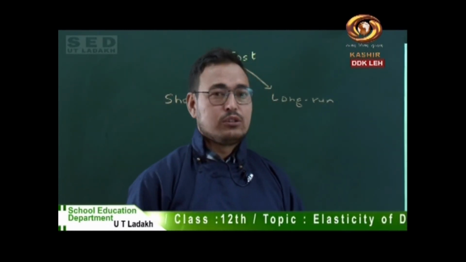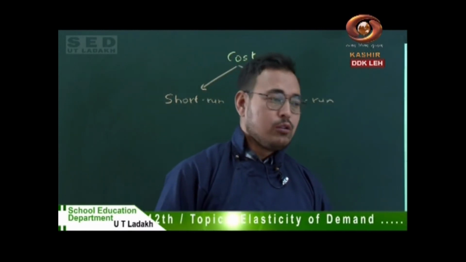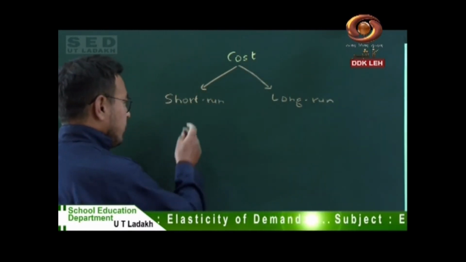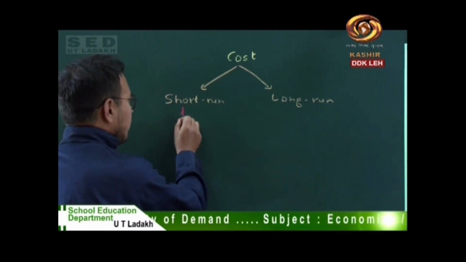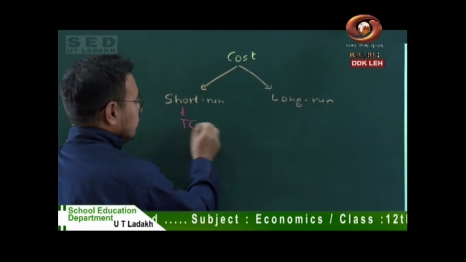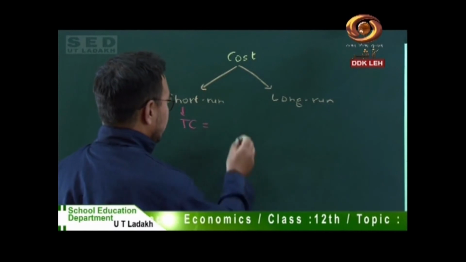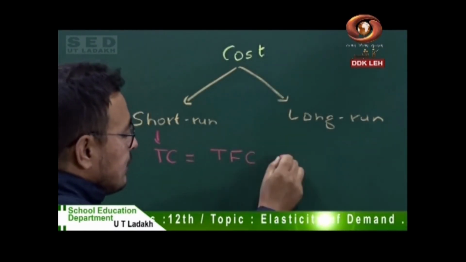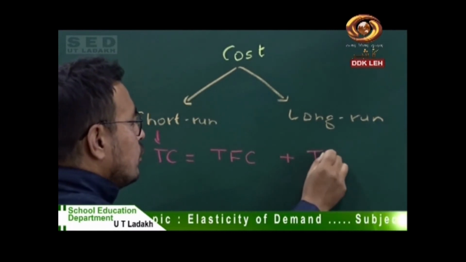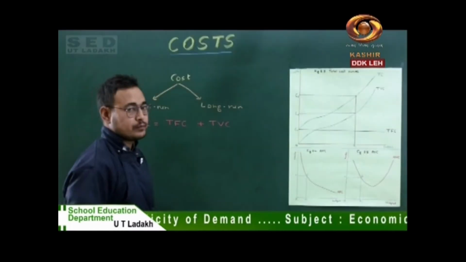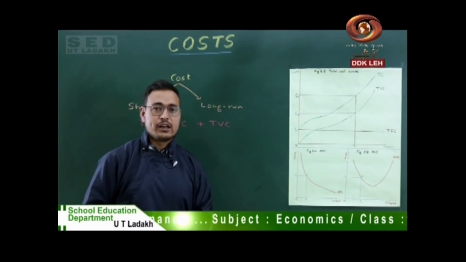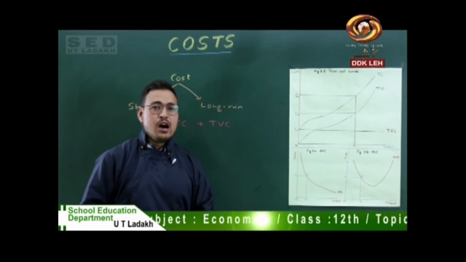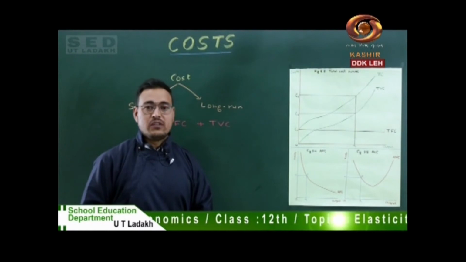Similarly, now here also whenever we talk about cost, like total cost in the short run, your total cost can be divided into two components. One is your total fixed cost and the second one is your total variable cost. Now as far as fixed costs are concerned, it includes all those costs which are fixed.